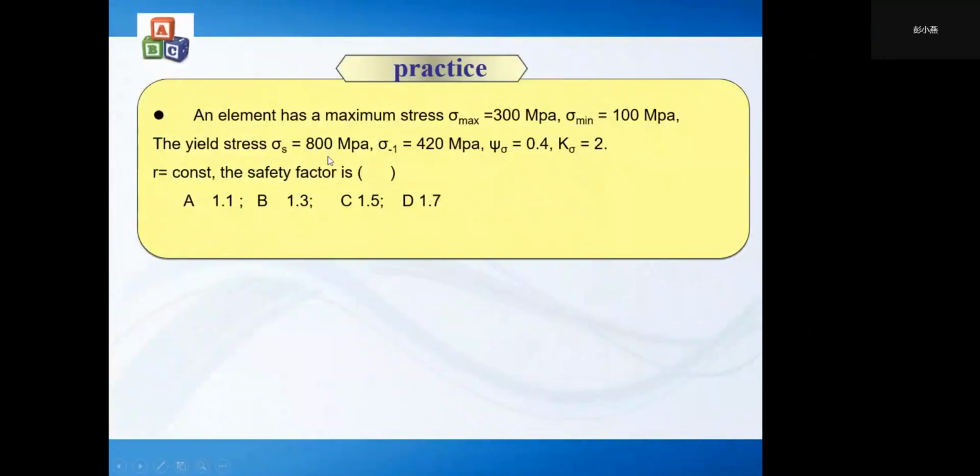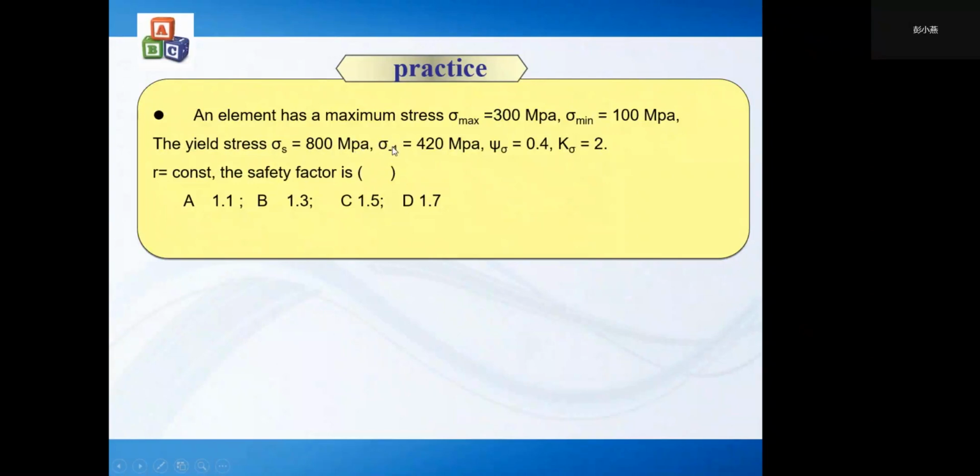And let's see the exercise. An element has a maximum stress of 300 megapascal and a minimum stress of 100 megapascal. And the yield stress sigma S is 800 megapascal.